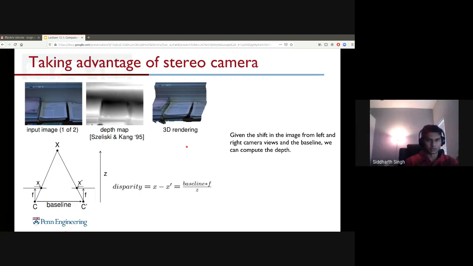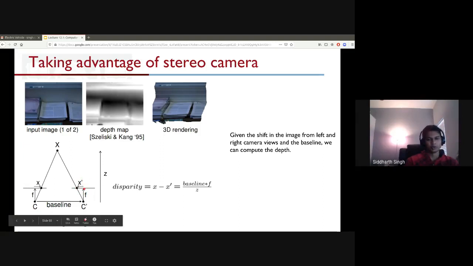So think about it like this. If we do some geometry in this view, I am using a camera C and a camera C dash, and both of them are seeing the point which is in the world as X, and in the pixel frame it is at x and it is at x dash.